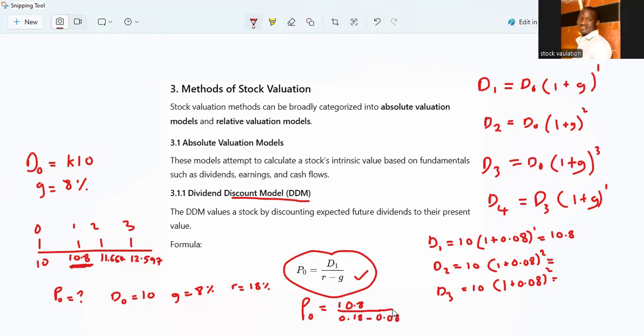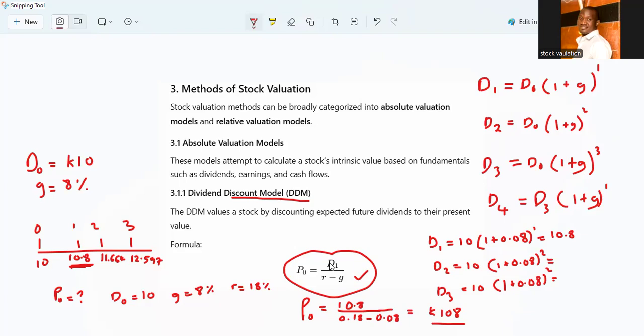So now what is the value of stock now? It is 108. So this is how we calculate the value of stock.